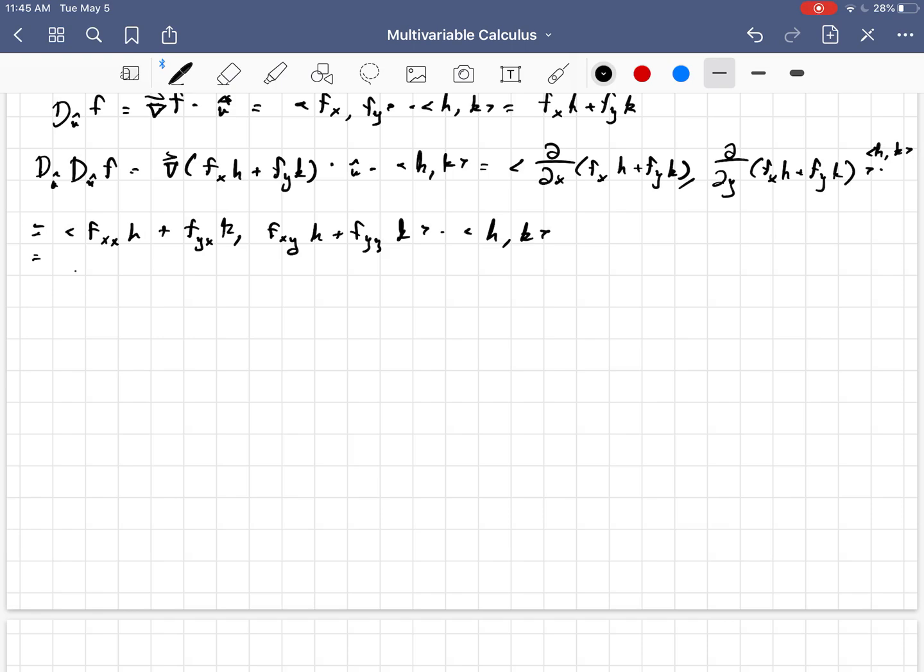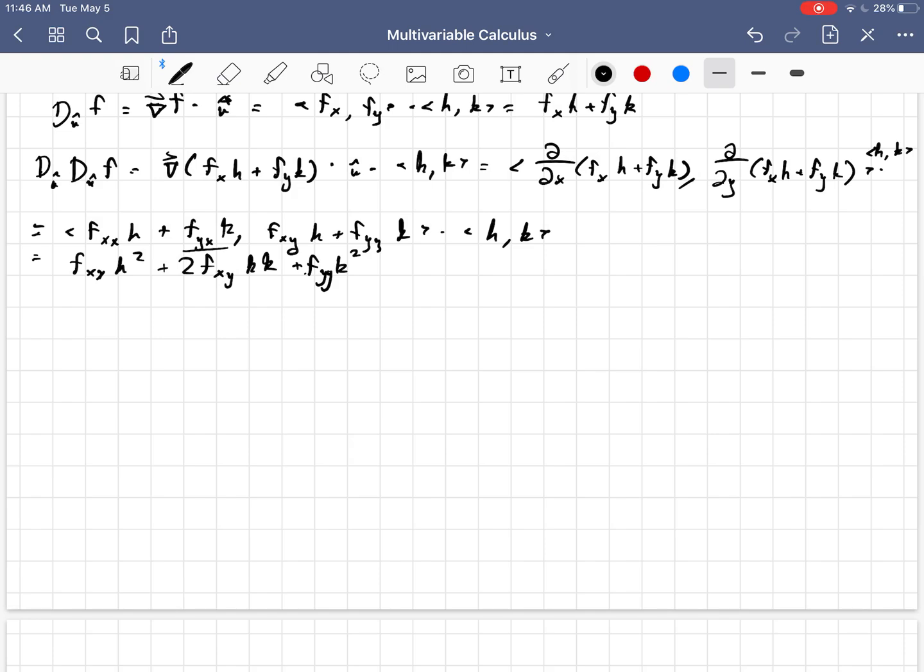So now, after some algebra, it turns out you get f sub xx h squared plus 2 f sub xy hk plus f sub yy, I forgot the second y, k squared.